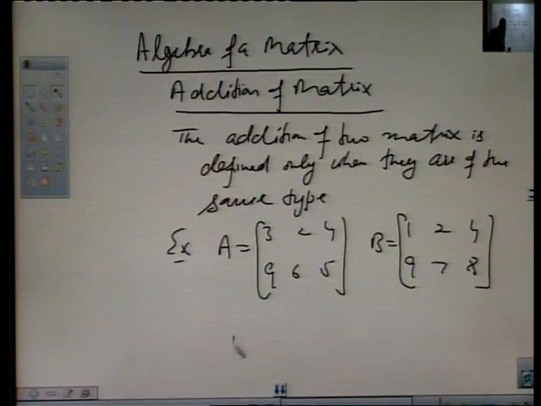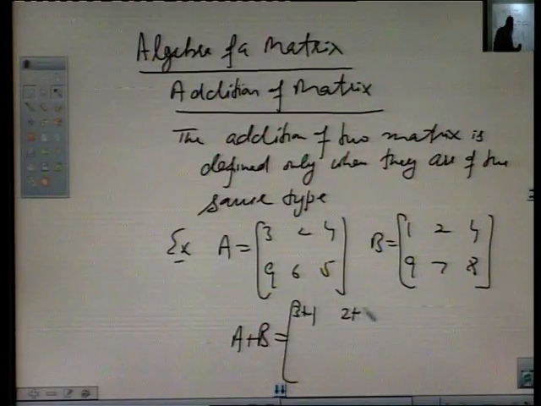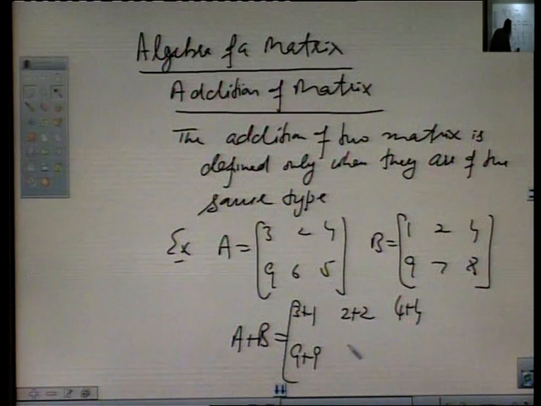Then A plus B, the addition of A and B: 3 plus 1, 2 plus 2, 4 plus 4, 9 plus 9, 6 plus 7, then 5 plus 8.